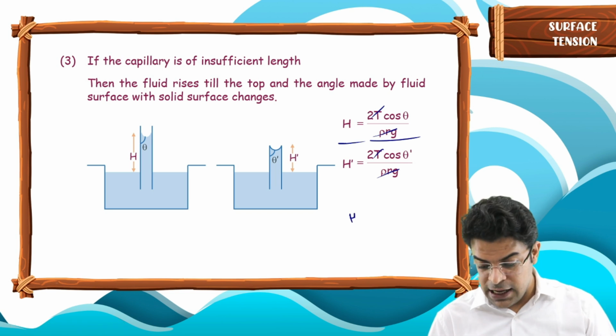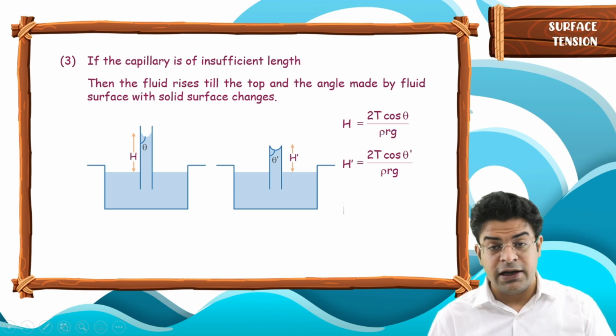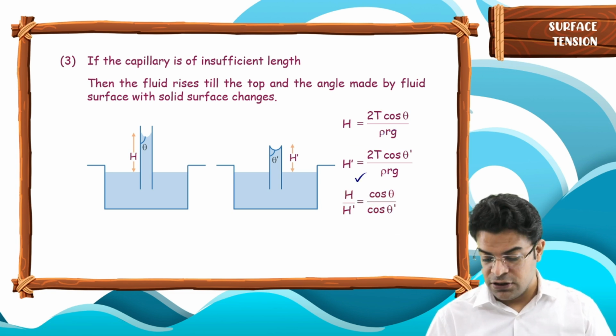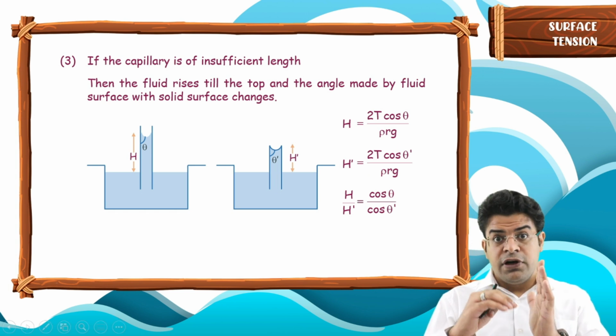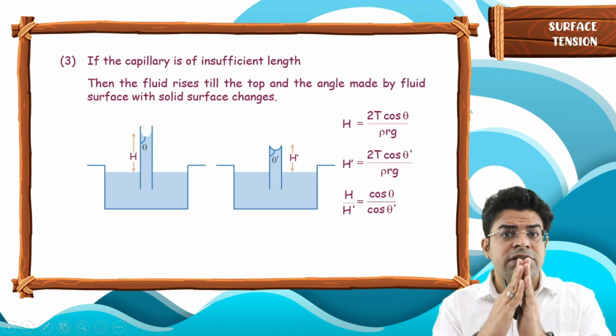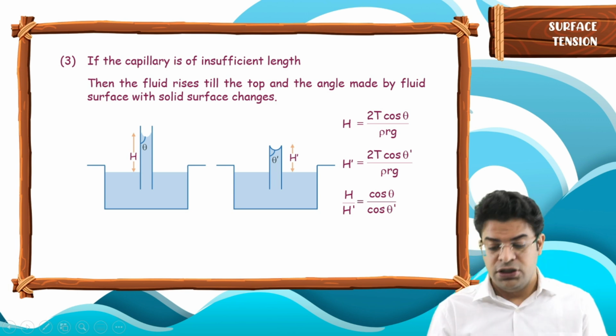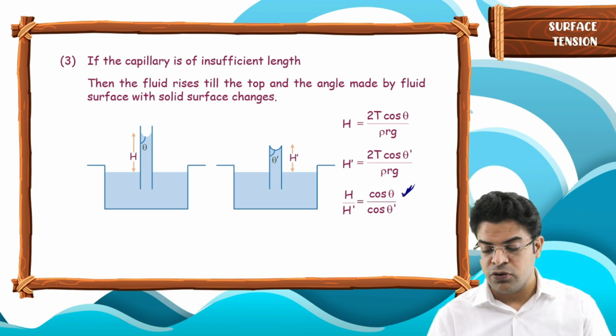So you get h upon h dash equals cos theta upon cos theta dash. So again the fluid rises till the top, but the angle made by the fluid surface with the solid surface changes, so theta changes, and you can compute that theta using this particular formula.